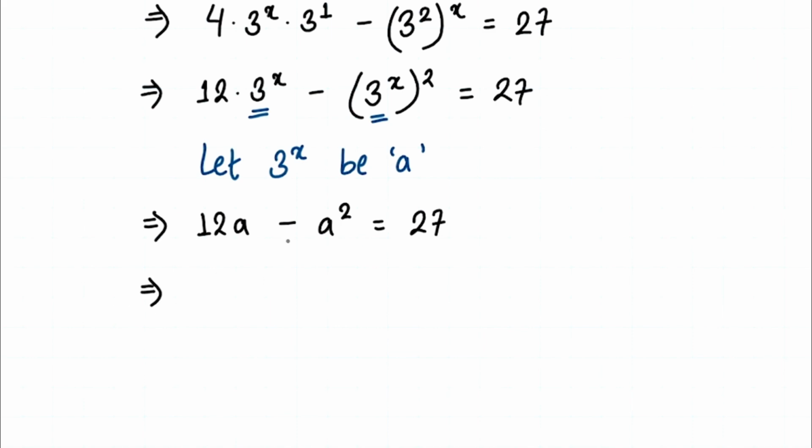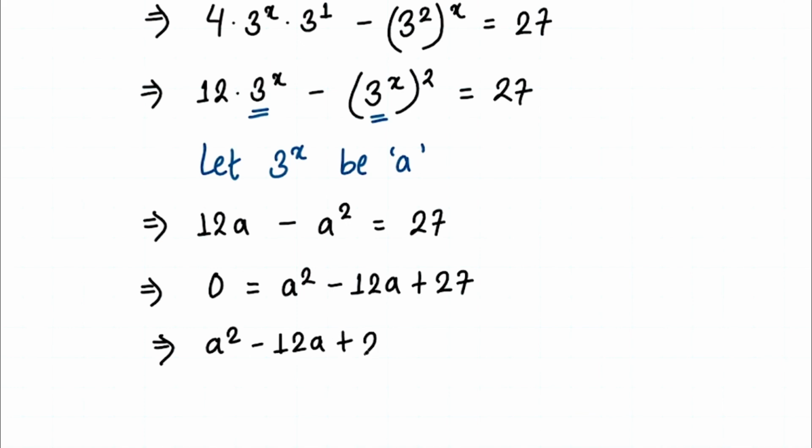Now we are going to move this a square and 12a to the right side so that the a square is positive, okay? So we have 0 equals minus a square becomes plus a square, plus 12a becomes minus 12a, and then we have our plus 27 over here, right? Now I'm just going to flip this, so we have a square minus 12a plus 27 equals 0.